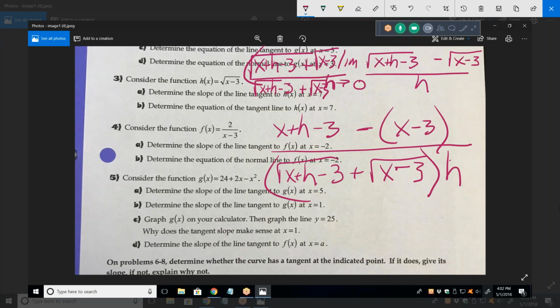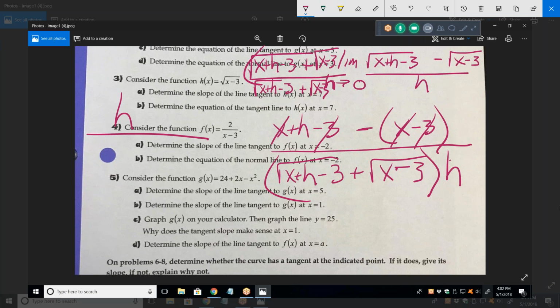Now remove the parentheses from the top and you will notice that everything that does not have an h in it disappears. That disappears, that disappears, that disappears, and that disappears. And that always happens whenever you do this method. So what you end up with is h alone in the numerator.